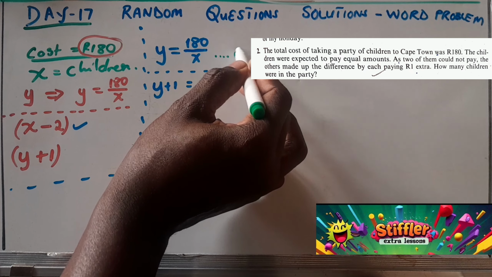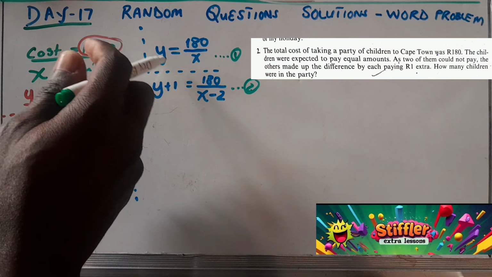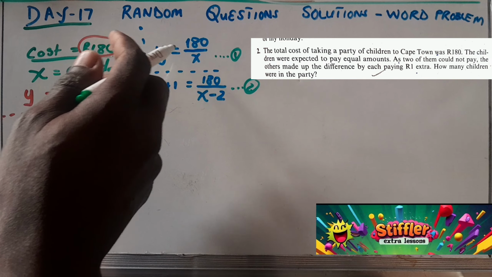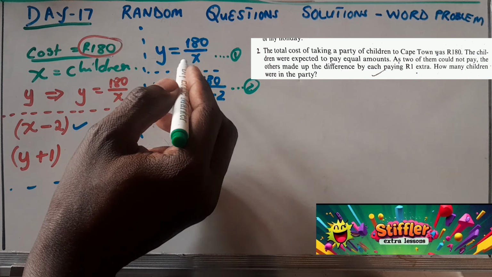Here, this can be our equation 1, and this can be our equation 2. In equation 1, we can see already that y is equal to 180 over x. So we can substitute this y into the other equation.